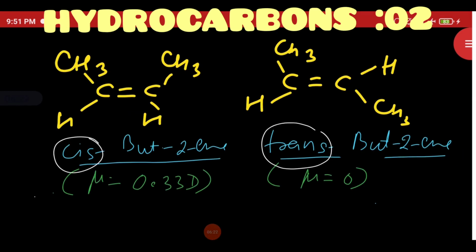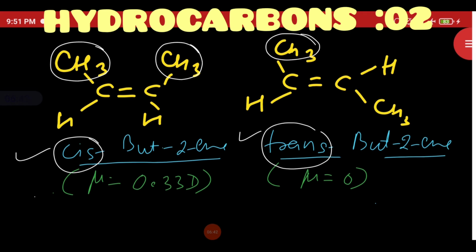Here is an example to understand the cis form and trans form of geometrical isomers. An example is cis-but-2-ene and trans-but-2-ene. Here, the identical groups are on the same side across the double bond, and here, identical groups are on opposite sides. And cis-butene is found to be more polar as compared to trans-but-2-ene.